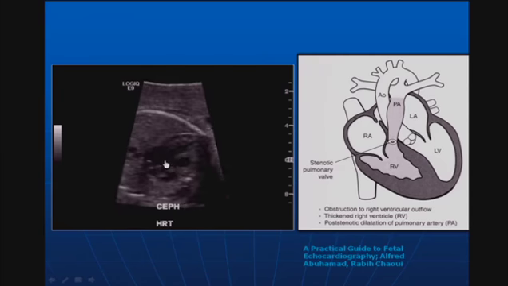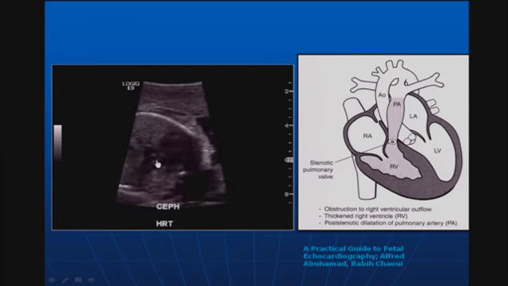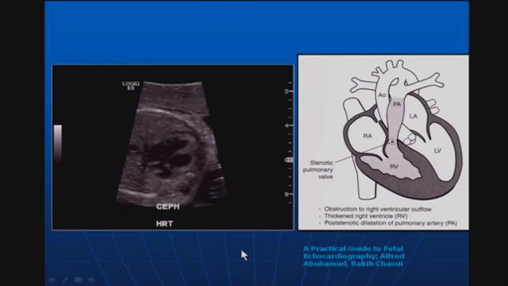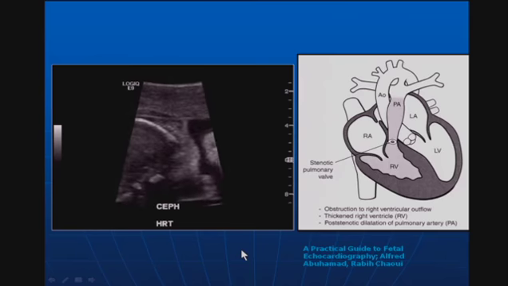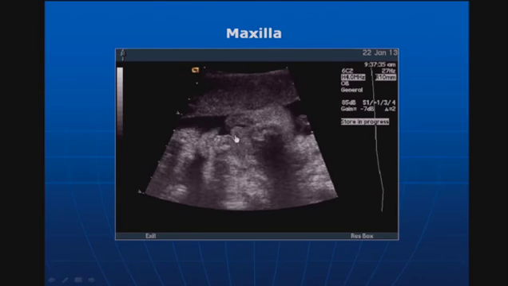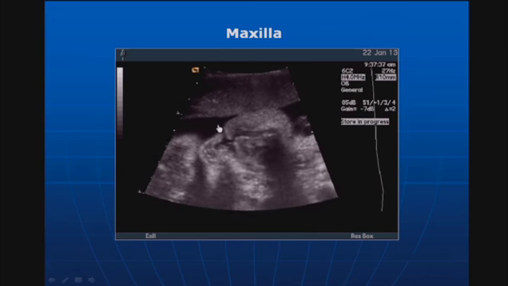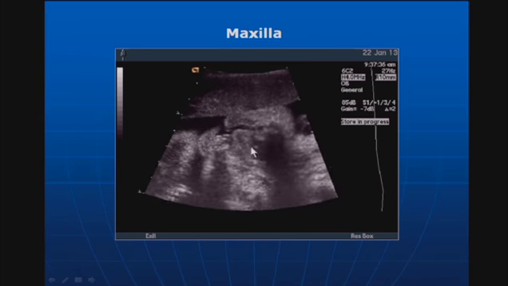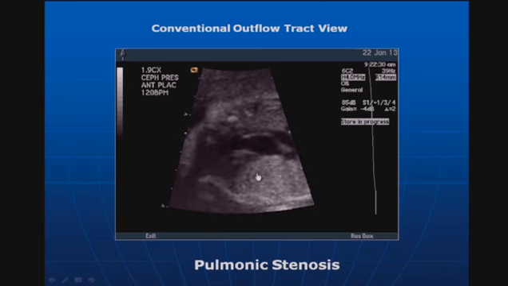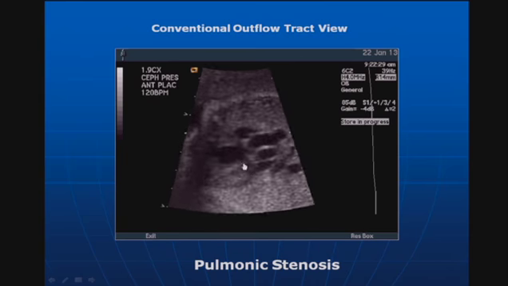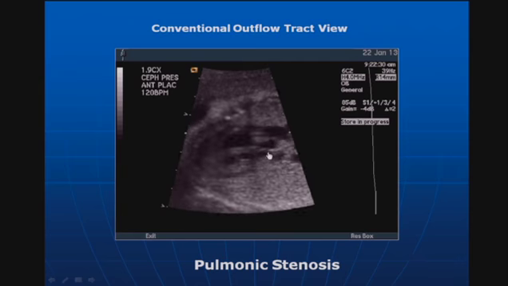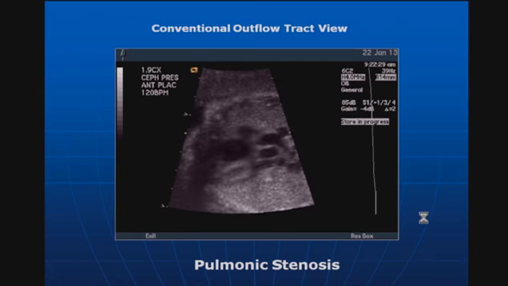So there are the normal outflow tract views we obtained, with the pulmonary artery increased in size compared to the aorta in this case of pulmonic stenosis. At 30-some weeks, I went and re-looked, and this was a large cleft lip plus palate, the tongue right here. And you can now see in the normal conventional outflow tract views, LVOT looks okay, but you look at that RVOT, the pulmonary artery is increased in size.